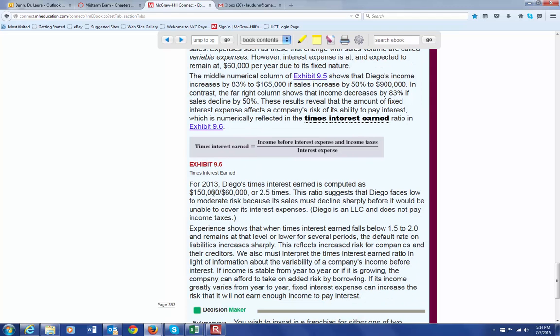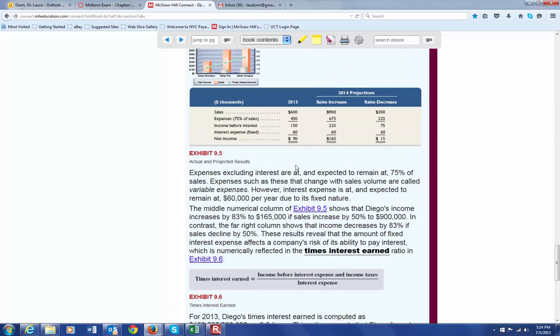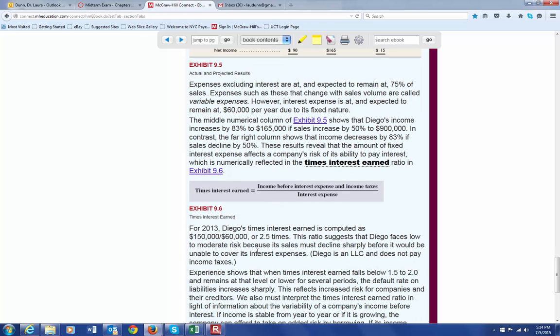If you take the figures from the chart up above, you would find that for 2013, Diego's times interest earned is computed as $150,000 divided by 60, which would be 2.5 times.